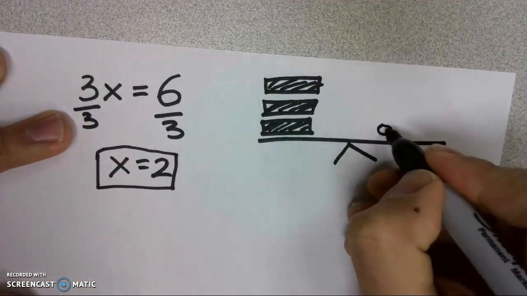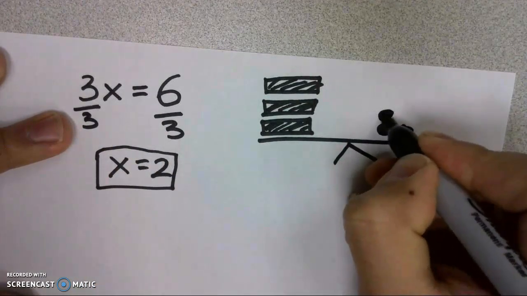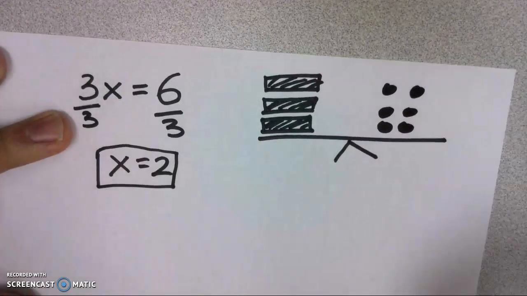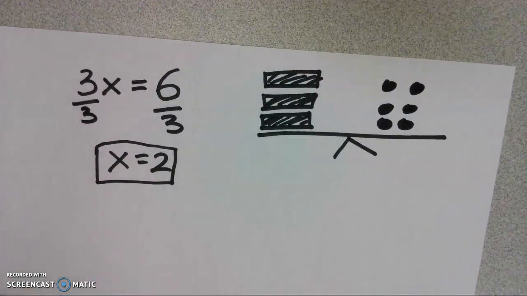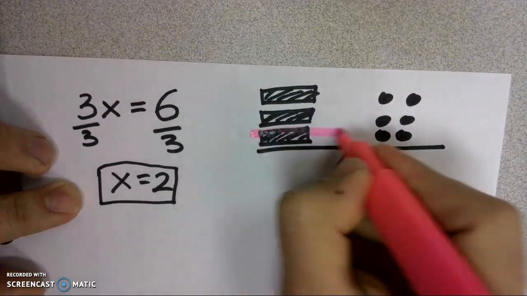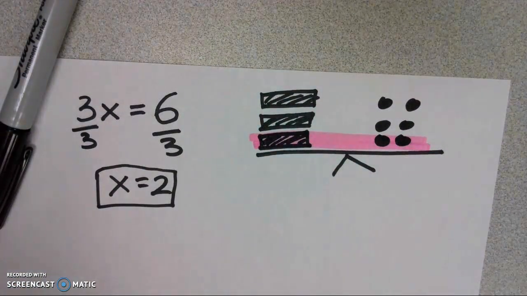So positive 1, 2, 3, 4, 5, and 6. So, what does that mean then? x equals 2. That's my answer. Very easy.